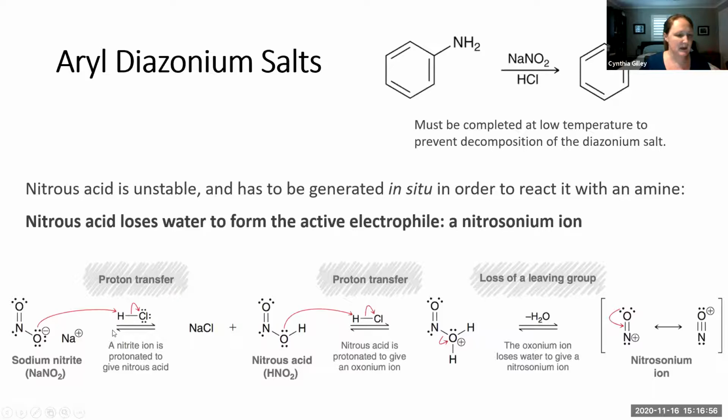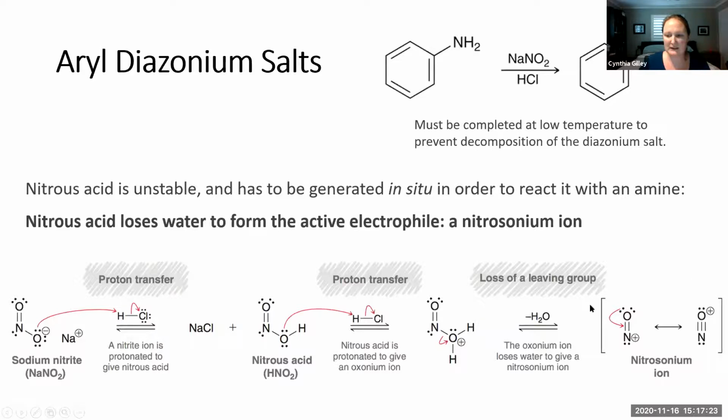If you mix sodium nitrite with, and they're showing HCl, but of course, it's an aqueous solution, it's really hydronium ion, an acid will protonate it to form nitrous acid. It actually can get protonated a second time to make a good leaving group, which can leave, water can leave, and form the nitrosonium ion. Nitrosonium ion has two resonance contributors.